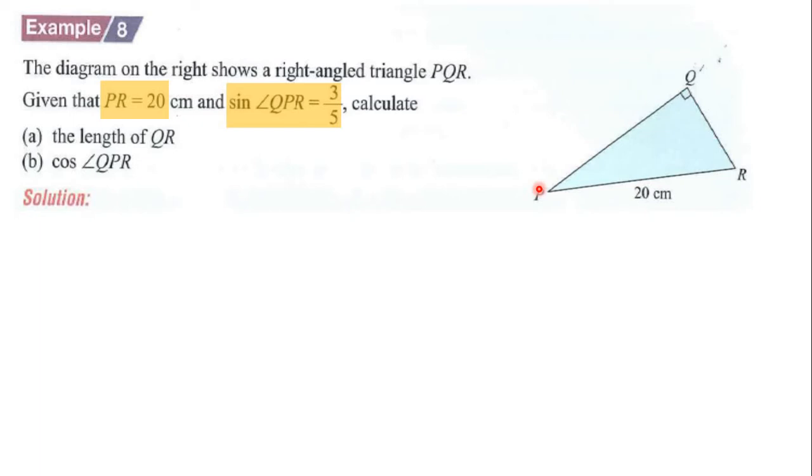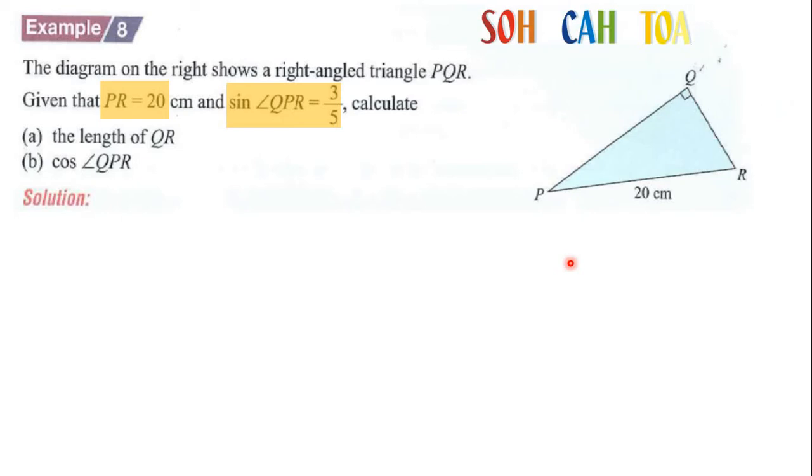To use Pythagoras theorem, you have to know the lengths of two sides. Then only you can use Pythagoras theorem. Now, you have to use the trigonometric ratio, sine angle QPR, which is given.